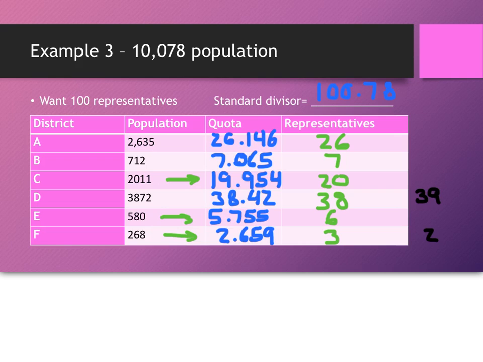Now you might say, well, again, there's population change. But if you're real careful about looking at what population changed, then you notice that D originally had 3870, and F originally, in the last slide, had 268.